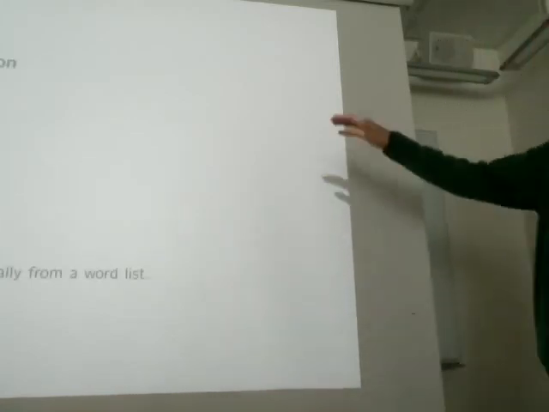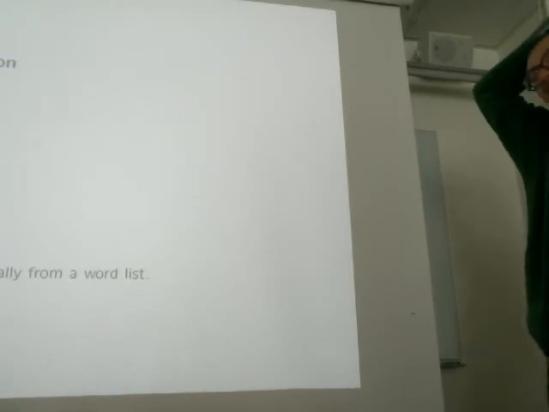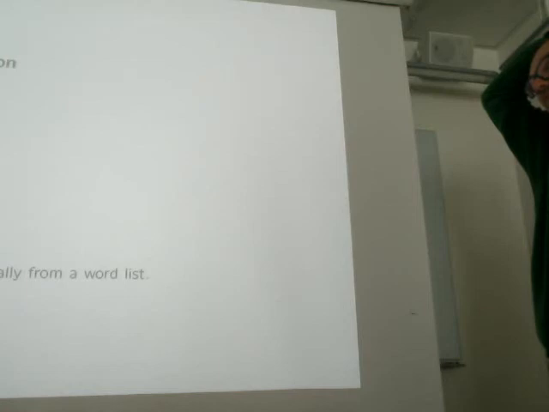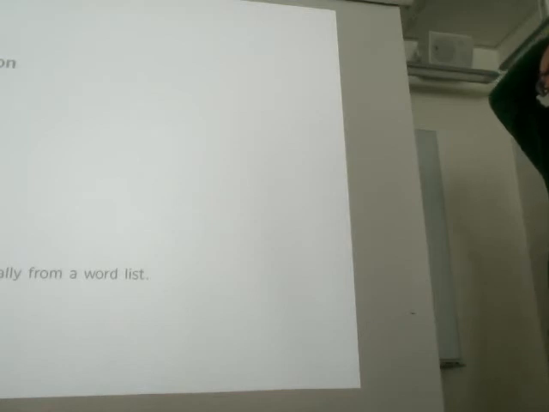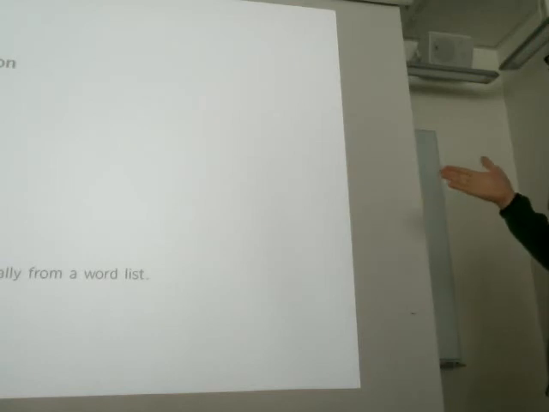And then the information that you need for building a lexicon looks like this. You can either do this manually or automatically from a word list, which here assumes that we have the part of speech tags.